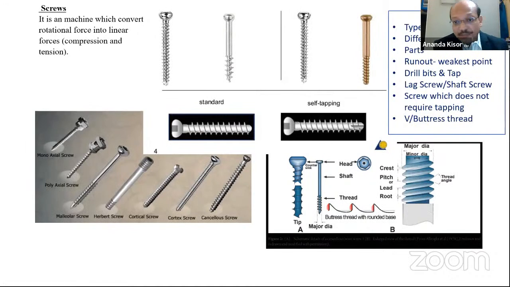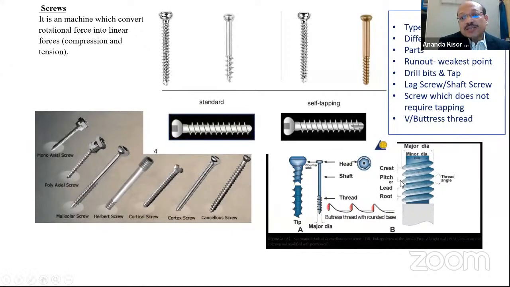So basically what happens once the screw is inserted is that this strength, that is the compression, is initially divided into shear force and tensile force, and the tensile force is converted into compression force ultimately when all the threads are engaged.